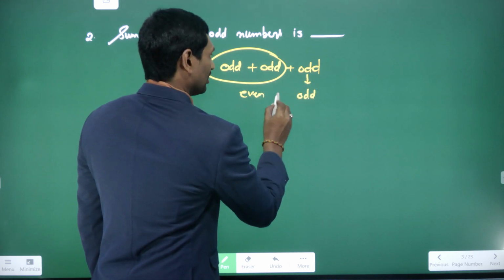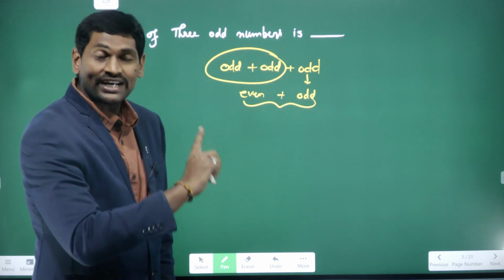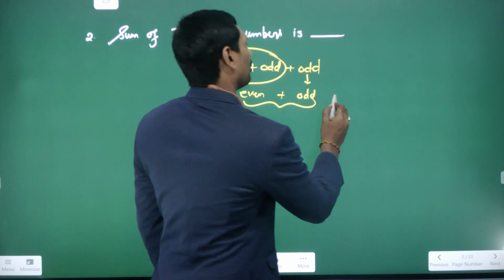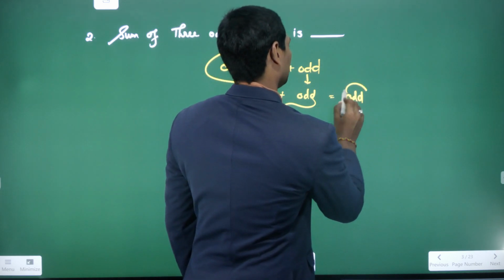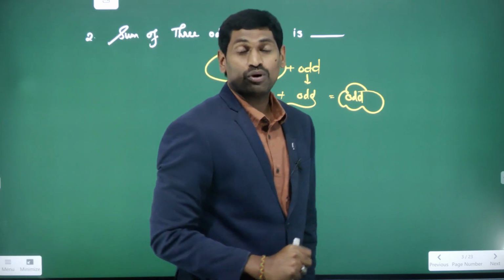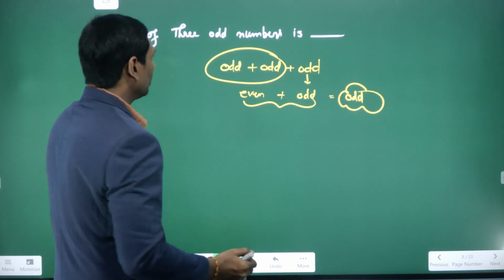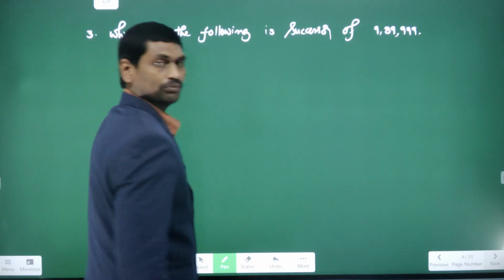Now see the result: one even number and one odd number. The sum of one even and one odd number always gives an odd number. So you have to understand that the sum of three odd numbers is an odd number. Okay, let us move on to the next problem.